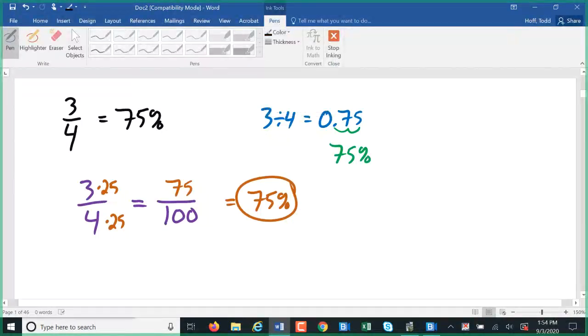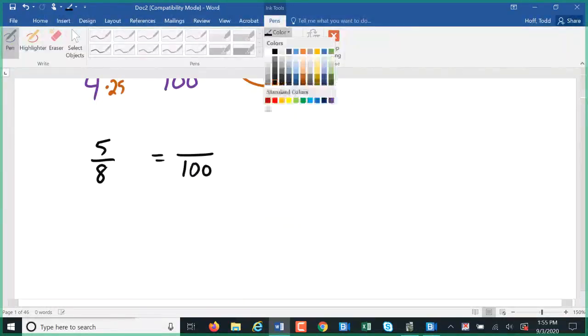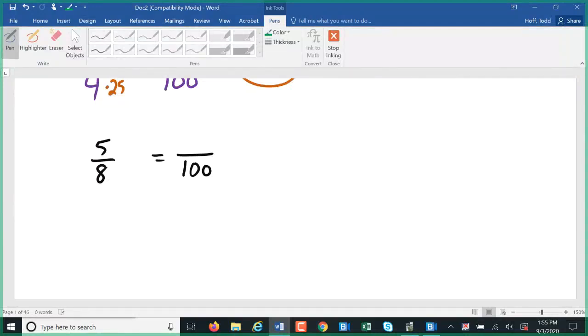Now, not all of them are that simple, where what you multiply by to get 100 is straightforward like that. We can run into ones like this, 5/8. Looking at that, we don't immediately just see what you multiply 8 by to turn it into 100. But if we can't figure that out by just looking at it, we can calculate it by going backwards.